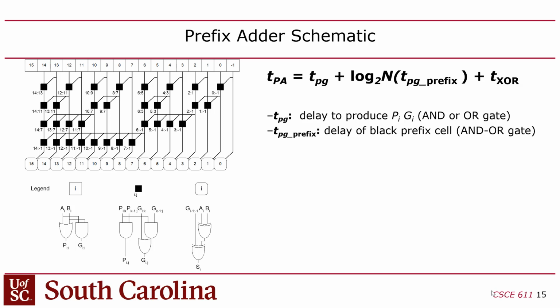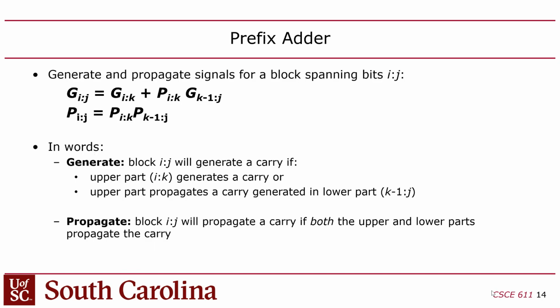I can combine those with this black box and get a propagate and generate for the range of 14 down to 13 by forming them using these rules, right? Where the rules are what I had. These are the rules. These two rules.